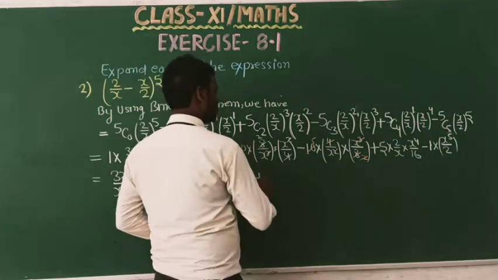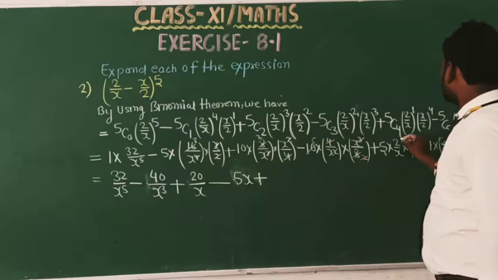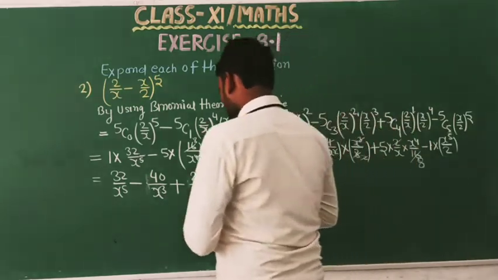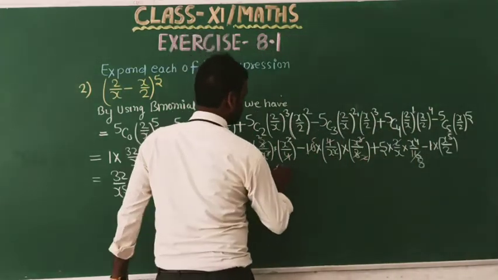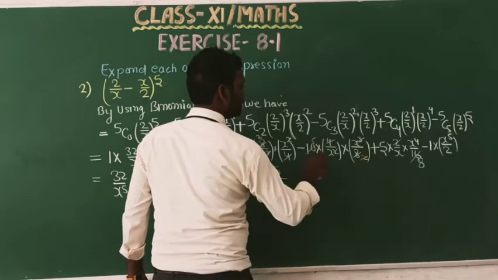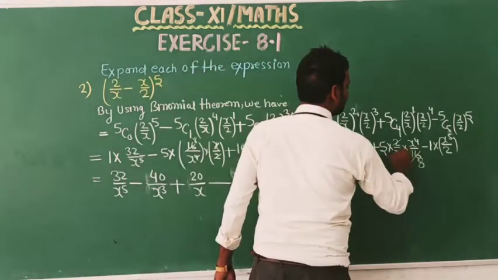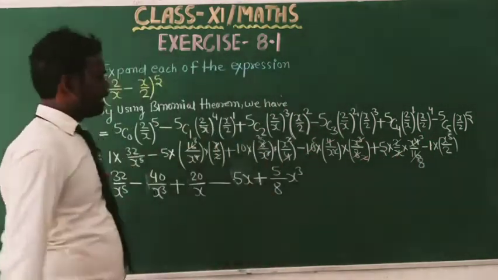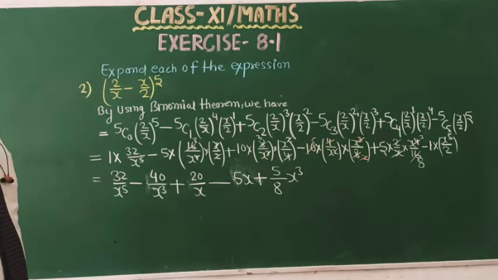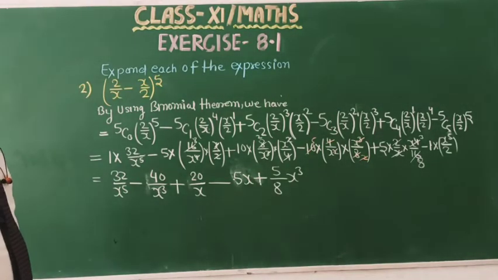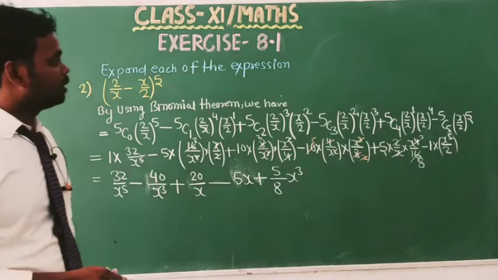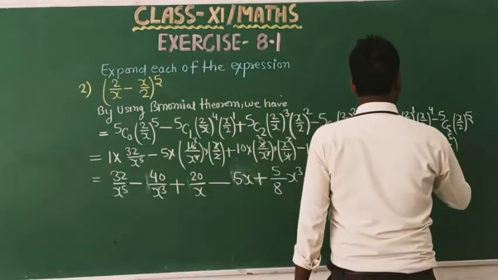Next, plus, here 2 eights are 16, so this is 5/8 x^3.